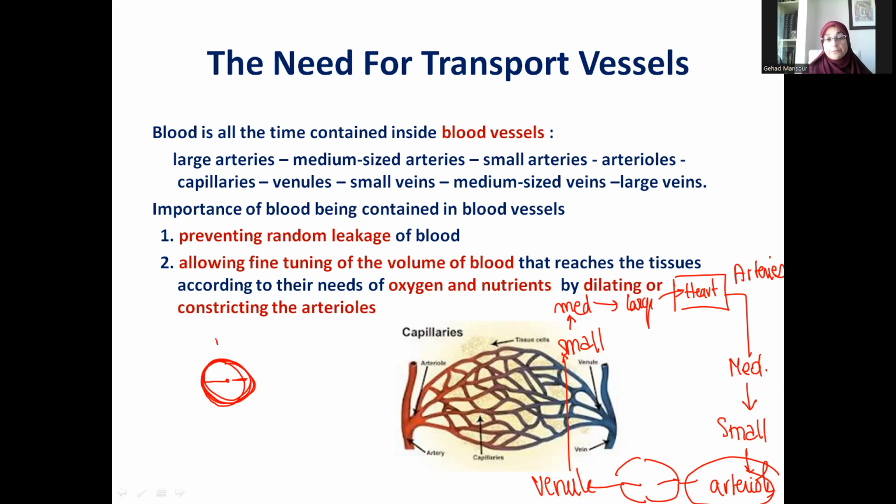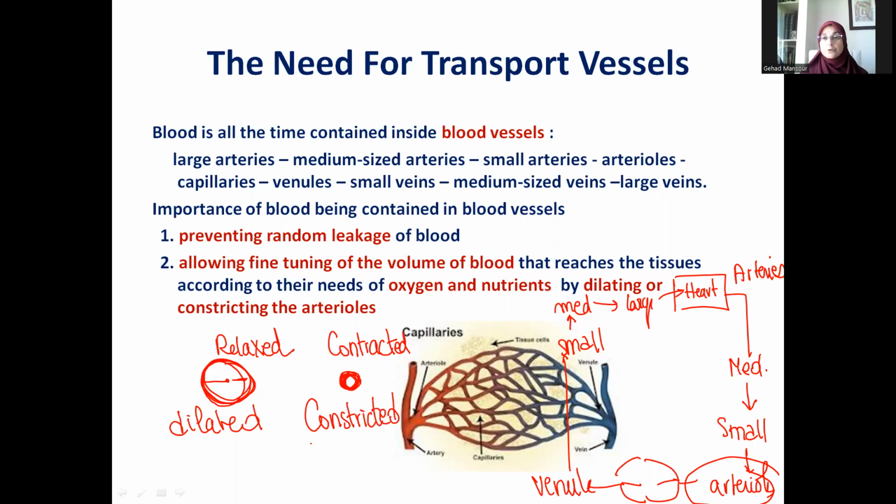If the muscles in the wall of the arteriole are relaxed, then the arteriole is dilated, and it has a relatively wide diameter. But if the muscles contract, then the arteriole is constricted, and the diameter becomes smaller and narrower.